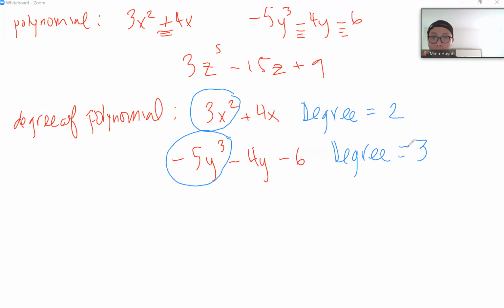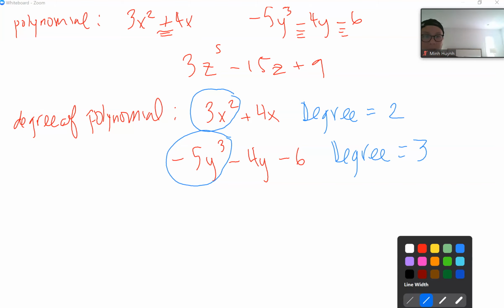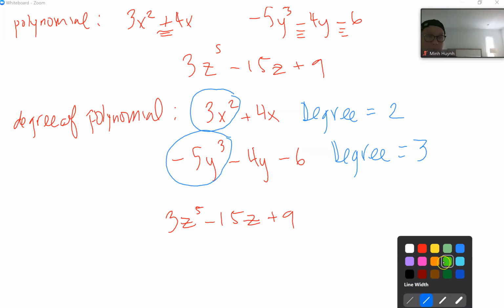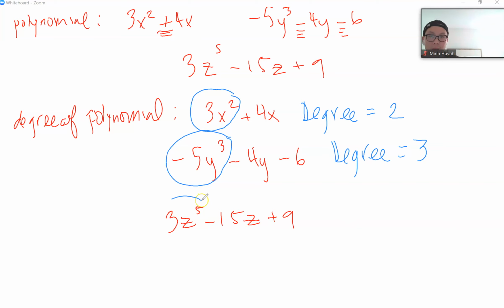Again, in a polynomial where terms are separated by addition or subtraction, you don't want to add up any of the exponents. And the last one, if I have 3z to the 5th minus 15z plus 9, the degree of this polynomial is going to be 5. Again, do not add up the exponents at all.